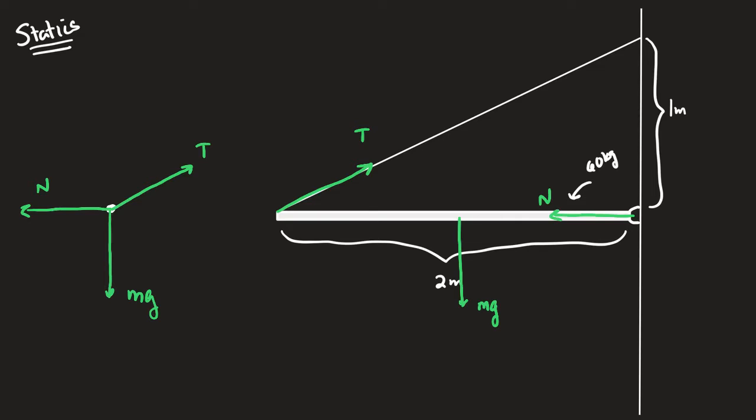Because of that, we would have to break this bar up into a lot of little pieces and talk about the individual forces acting on each piece of the bar and where it acts relative to, say, the pivot point.